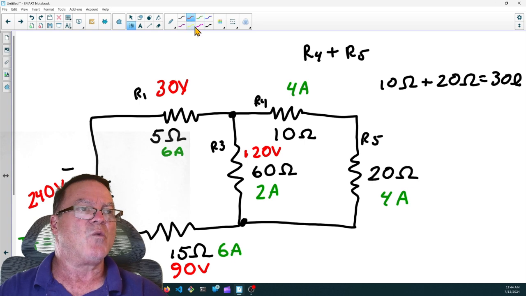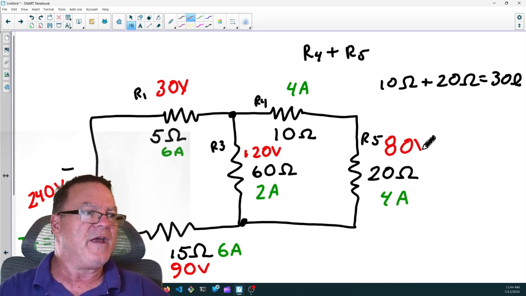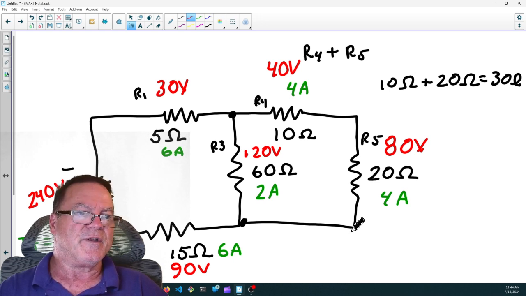And 4 times 20 ohms is 80 volts, and 4 amps times 10 ohms is 40 volts. And notice how 40 and 80 equals 120. These two parallel branches have the same voltage, 120 across R3 and 120 across R4, 5. So there we go. We know all of our currents.